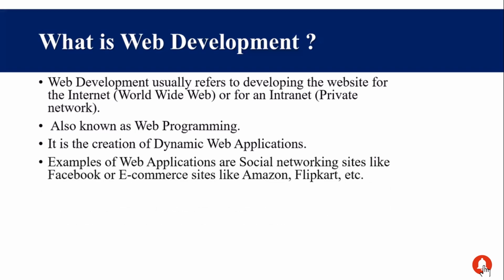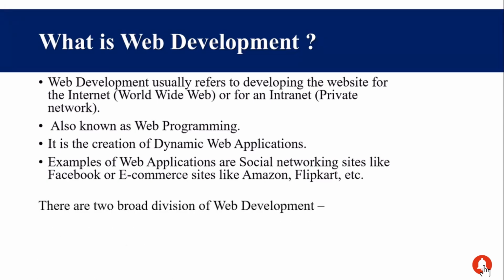At the same time, we need to look at some examples of different web applications, and most of us have used them before. Examples are social networking sites like Facebook, and e-commerce sites like Amazon and Flipkart. There are a lot of different web applications, but in this course we are going to build one to suit the business that we are running.